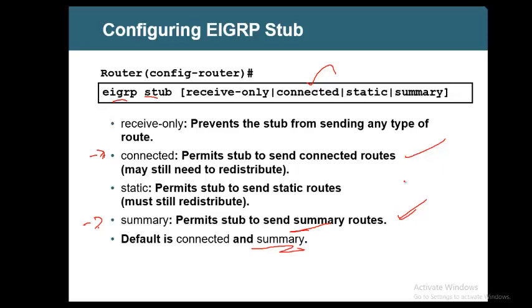Now you see, when you simply configure stub, you get the advantage of both. Actually, for a properly designed EIGRP autonomous system, these two together are what is needed, because we want to advertise our own connected network, and also we want to take ownership for those downstream networks, but in a summarized way. So usually we do summarization if you have many subnets.